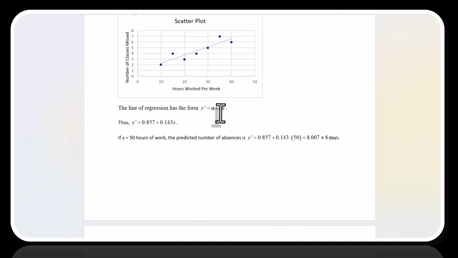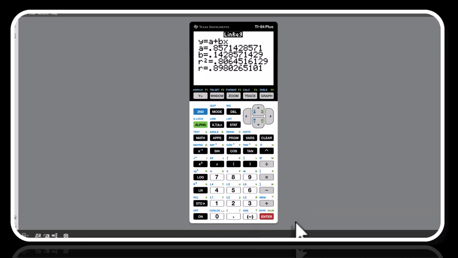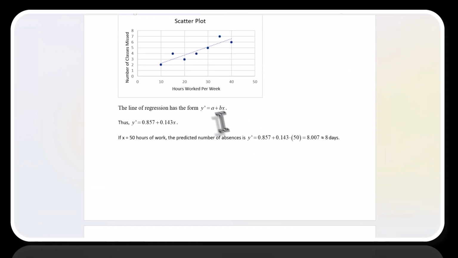And we can find the line of regression coefficients in the graphing calculator. When we computed R, at the very top, we have the intercept and the slope. I typically round these to 3 decimal places. A is 0.857, B is 0.143.